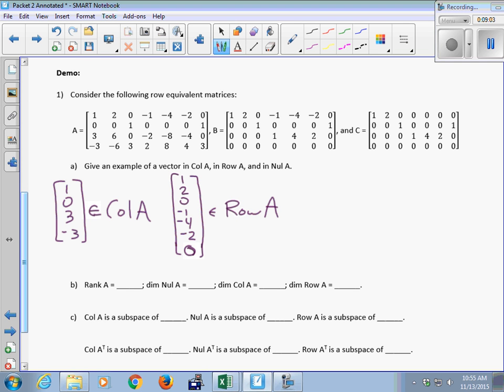The 0 vector is always in the null space, so we don't even have to do any work to find a vector in the null space. 0 is always in there. But how many zeros should I put in it? 7. Because what do I have to multiply A by to get 0, 0, 0, 0? You have to be able to take your row and multiply it times your column, so you're going to have 7 entries. So the 0 vector with 7 entries.